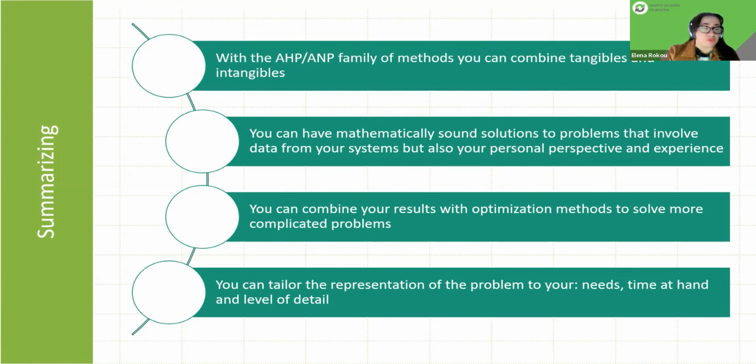And sometimes, if we need to, we can also combine our results with optimization methods to solve even more complicated problems. And we choose the method based on what we have available about time, needs, and level of confidence in our decision. And I think that we have shared more than enough for our first day.